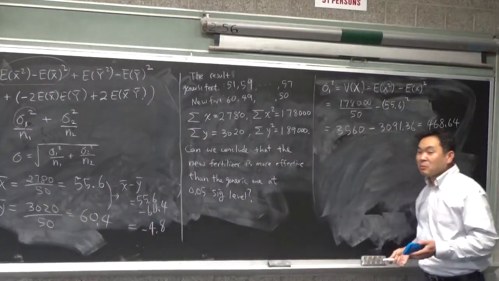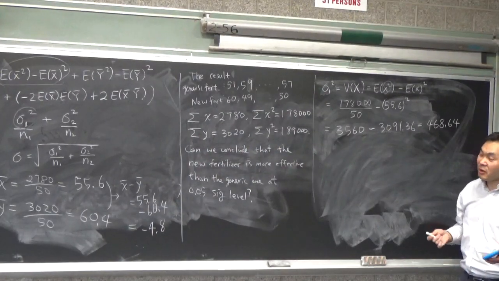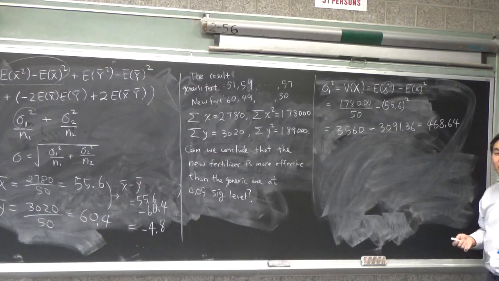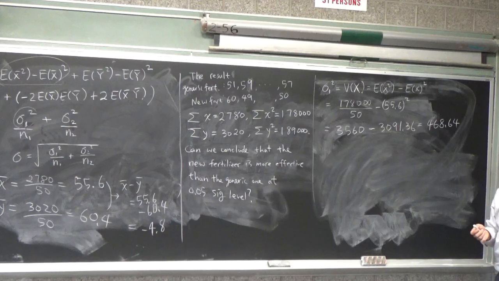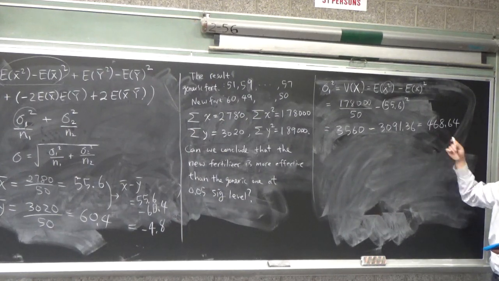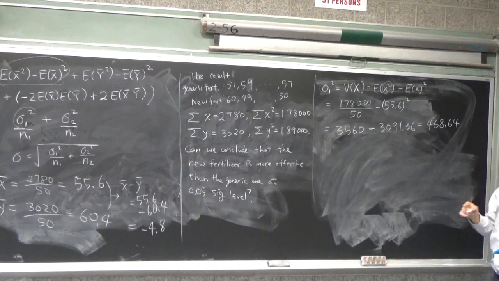So to get the population variance from your sample variance, what do we do? These tend to always underestimate, right? So there's some kind of correction you have to do in order to make it correct. It's called the Bessel correction, right?